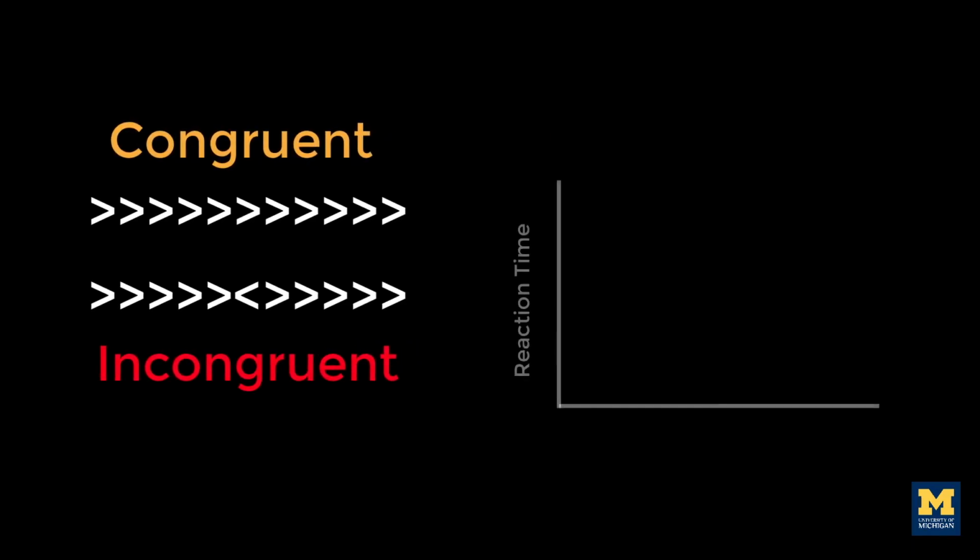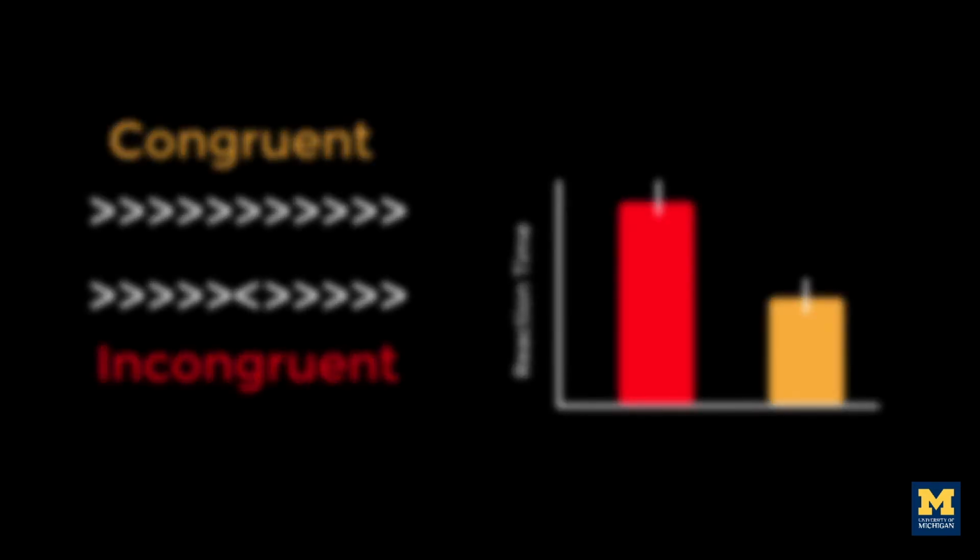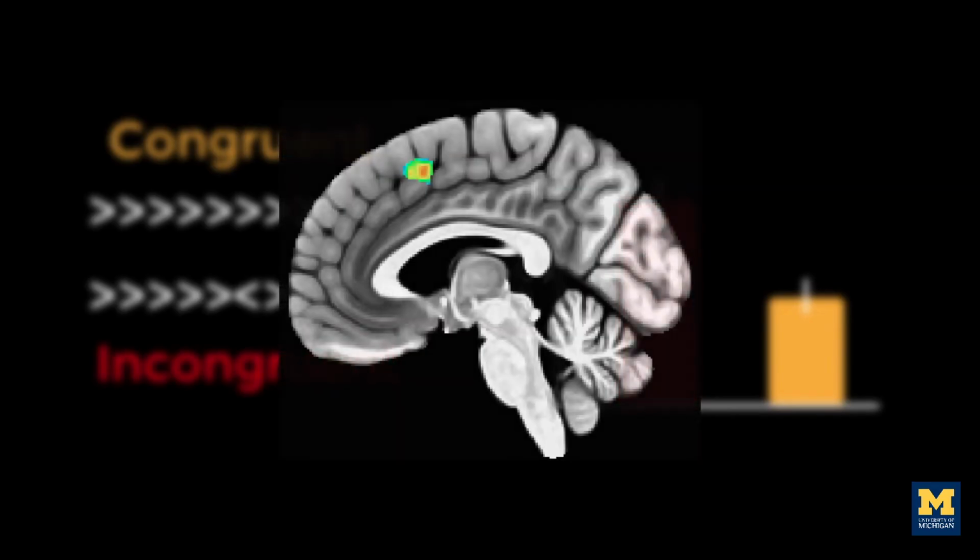Subjects are typically slower to respond and less accurate in the incongruent condition, and both faster and more accurate in the congruent condition. Since many experiments have shown that the difference in reaction times is robust and reliable, it follows that in our fMRI data, we should see a corresponding difference in brain activity as well.